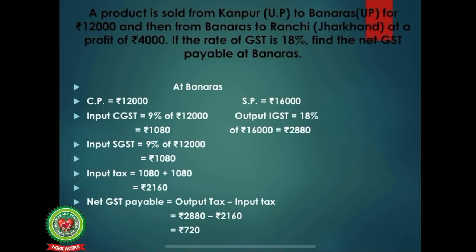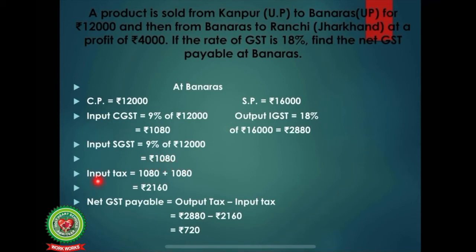Because the rate of GST is 18%, so the rate of tax for CGST and SGST will be 9% each. So input CGST will be 9% of 12,000, which is equal to rupees 1,080, and input SGST will also be equal to 9% of rupees 12,000, which is equal to rupees 1,080.